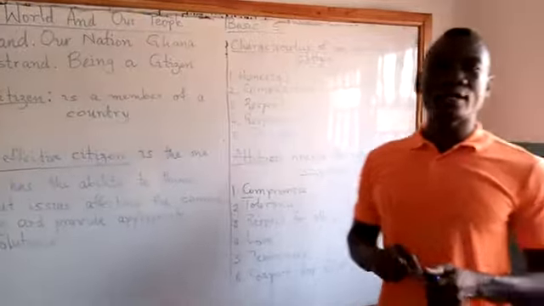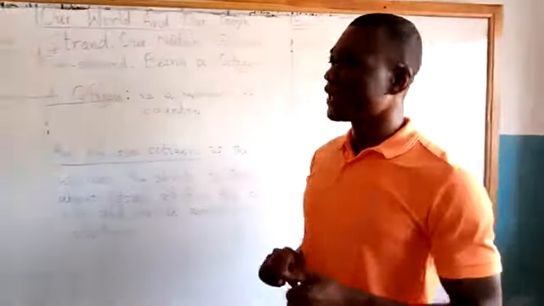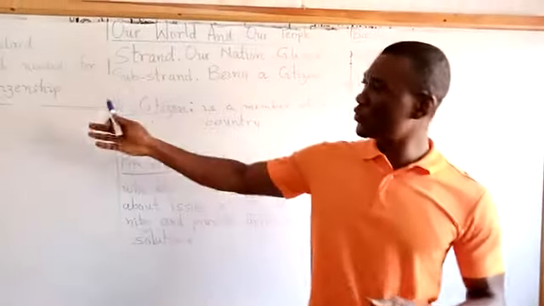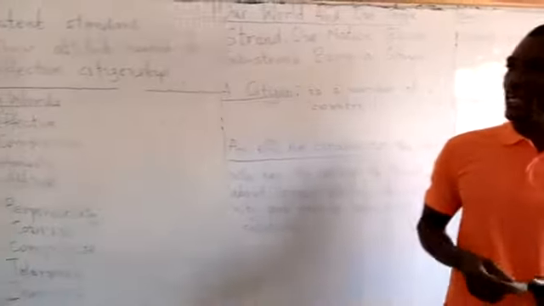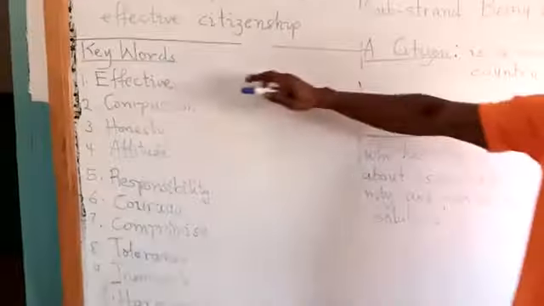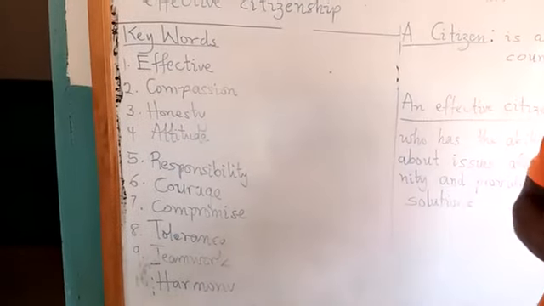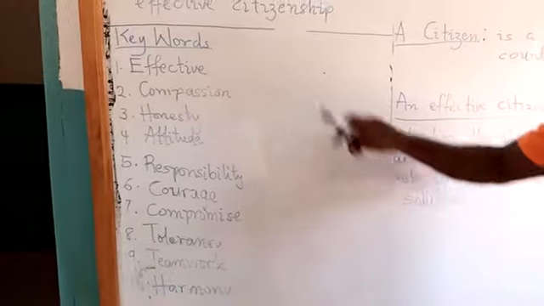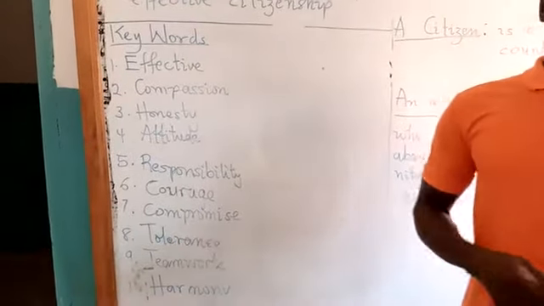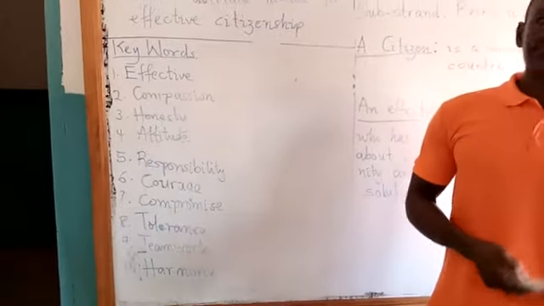There are some keywords that I would like us to quickly consider. I'll go through them with you with respect to their pronunciations, and then I would advise you to look them through using a dictionary. I would like you to repeat after me quickly.